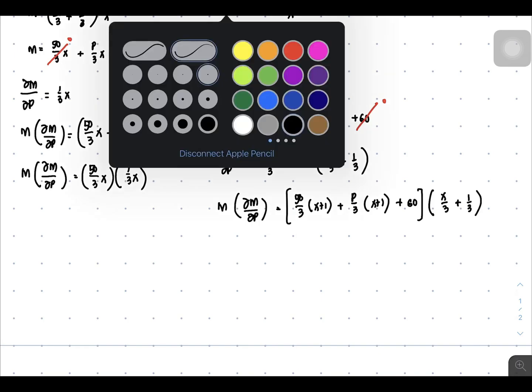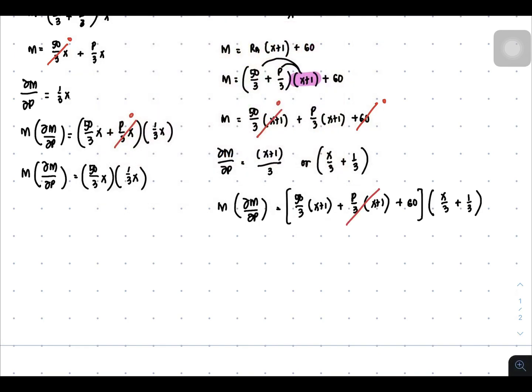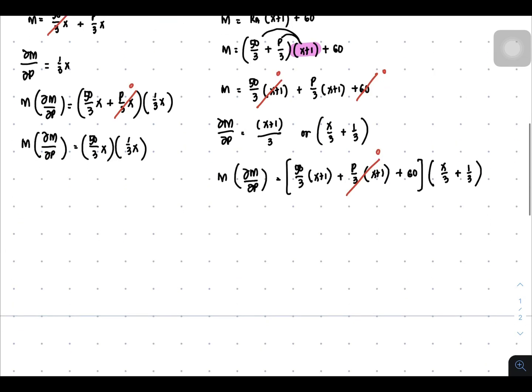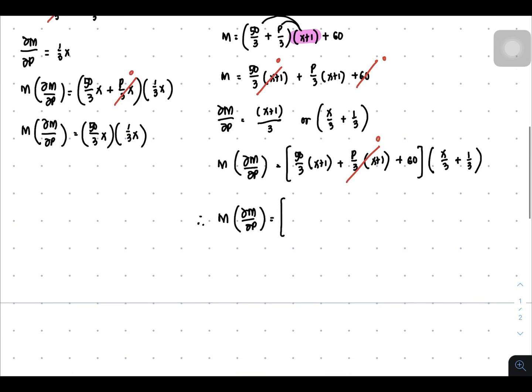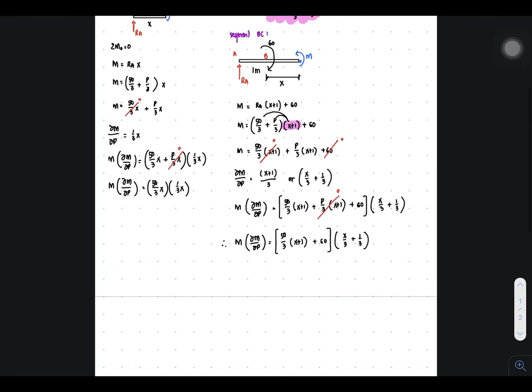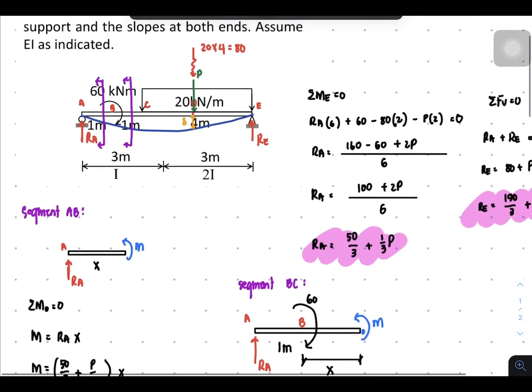And this time we are now going to set the term with P to 0 permanently. So therefore, the final equation of the product of M and the partial derivative of M is equal to 50 over 3 times x plus 1 plus 60, times x over 3 plus 1 over 3. Okay, next segment.